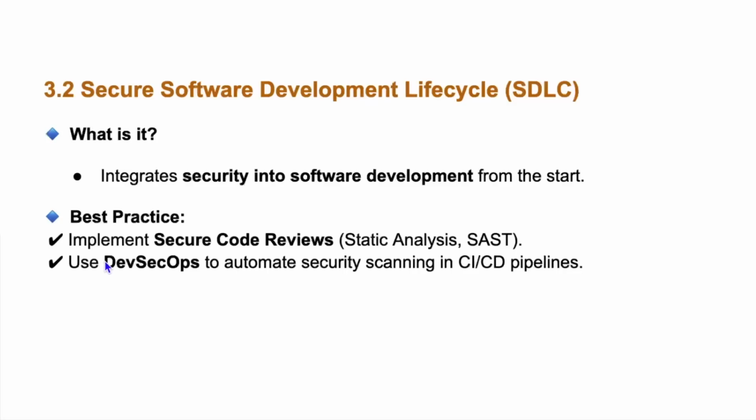And one last note is that when you look at the concept of DevSecOps, right? So development, security, operations, essentially, there's this whole idea of automating security scanning in software and source code. And there's the continuous integration, continuous deployment or development pipelines. That's what CD stands for.